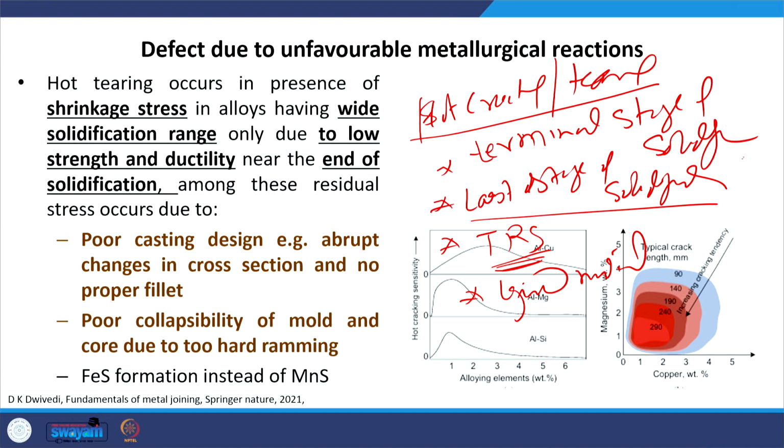This happens when the solidification temperature range is very wide. Wherever impurities or alloying elements get segregated, that will be the region where the low melting point liquid metal is left to solidify at the end, and there, if tensile residual stresses develop, that will promote cracking.